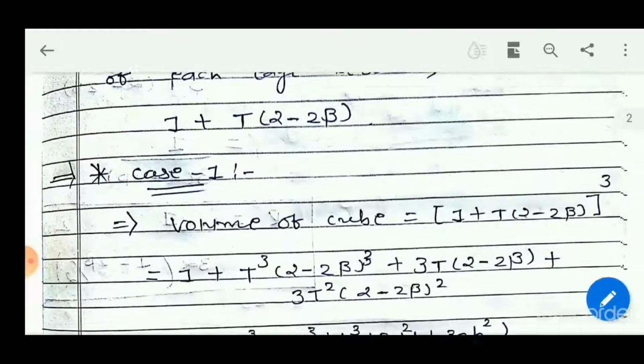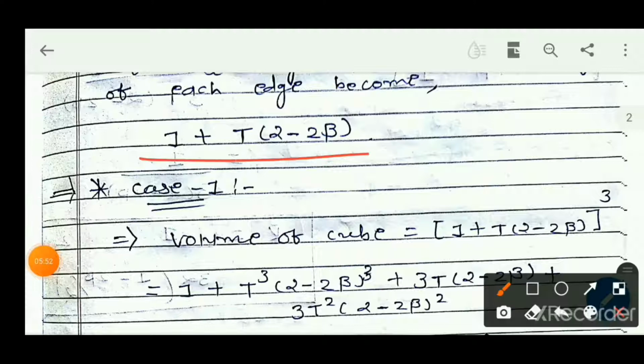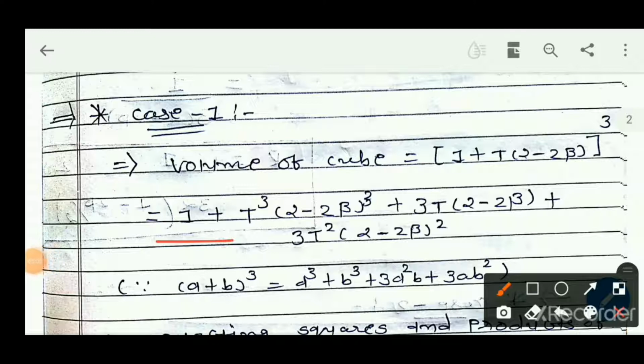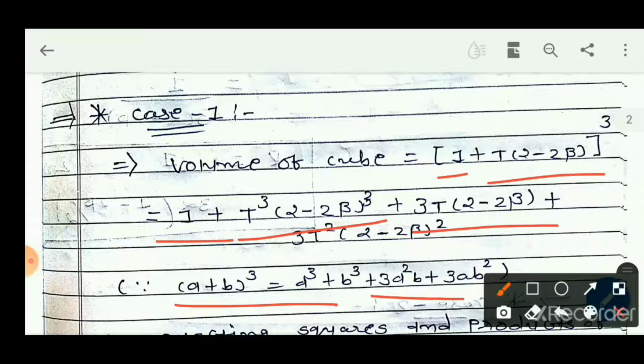We have length 1 plus T alpha minus 2 beta, so the volume is 1 plus T alpha minus 2 beta, whole cube. Expanding: 1 cube, plus T cube alpha minus 2 beta cube, plus 3a squared b means 3 into 1 into T alpha minus 2 beta, plus 3a b squared means 3 into 1 and b squared equal to T squared alpha minus 2 beta squared.